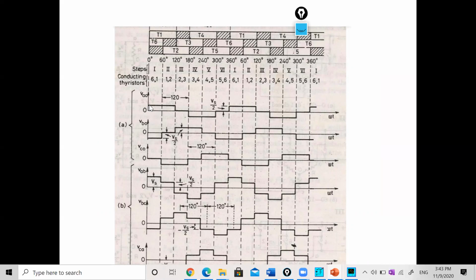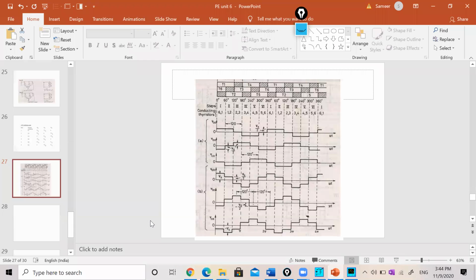This is plus Vs by 2, this is minus Vs by 2, so VAB is VAN minus VBN, equal to Vs. Similarly, VBC is minus Vs by 2 minus 0, so the resultant is minus Vs by 2.